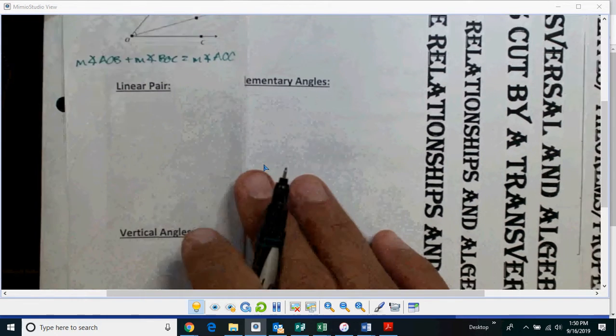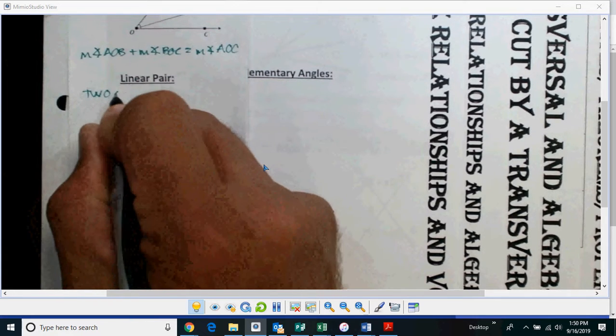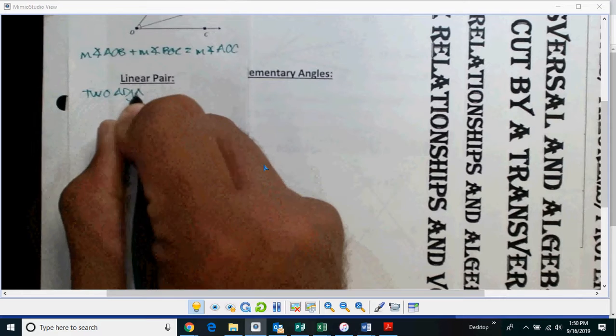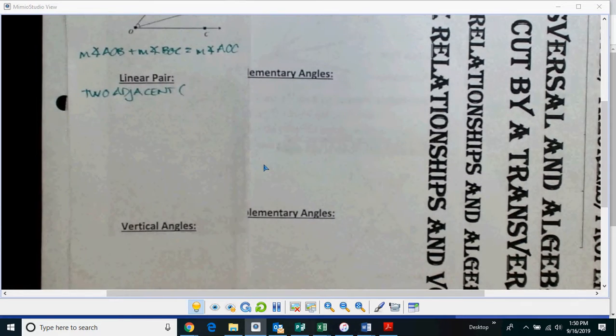All right. Next, we're going to talk about a linear pair. A linear pair are two adjacent angles. Does anybody know what adjacent means? If I told you your seat is adjacent to Landon's, what does that mean? Next to.